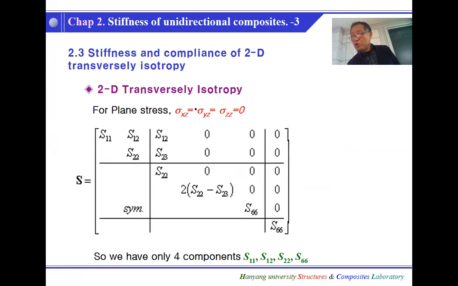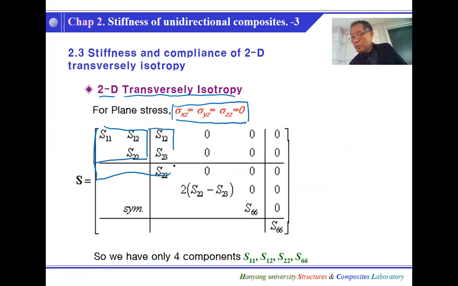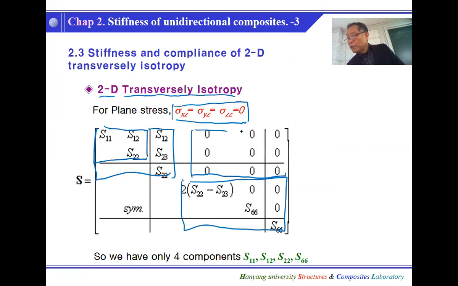and it comes to two-dimensional transversely isotropic, which I already explained. So this is the condition. We have to have these three terms be 0. These 2 by 2 are the normal terms, and these are shear terms, and these are normal and shear coupling terms.